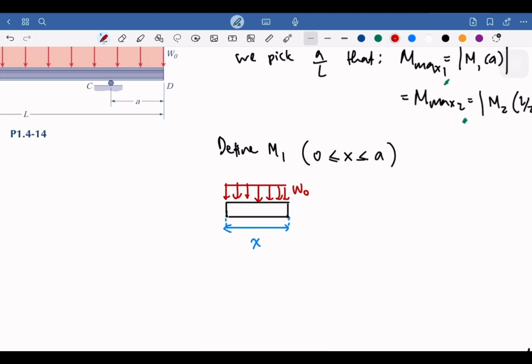And the internal resultants, we have the V1, F1, and the M1, right?